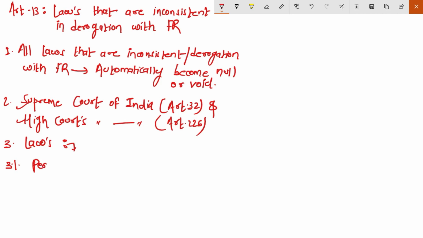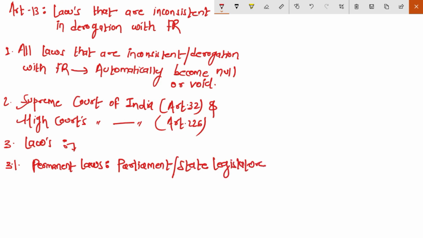They are the law making bodies. They come under the purview of law because that is their prime work, to frame laws.